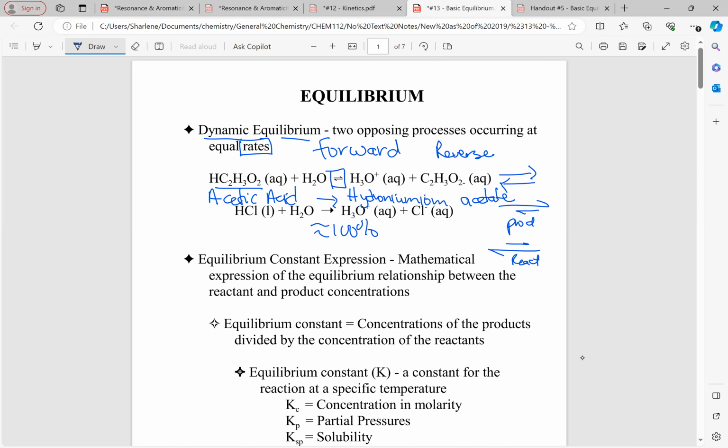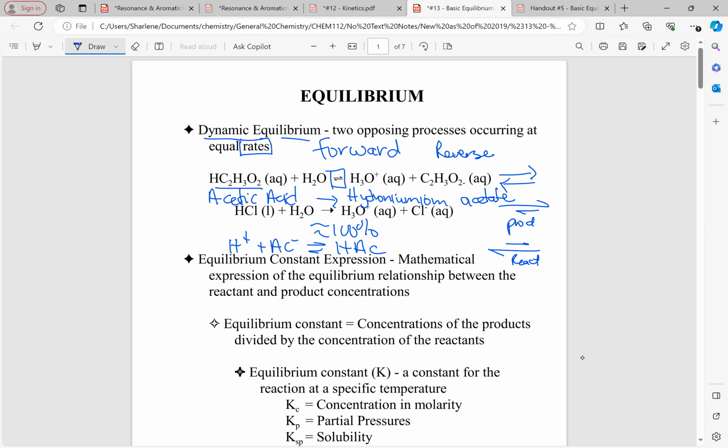As soon as the hydronium ion and the acetate start forming, they are just as likely to recombine into the acetic acid. And that's what is meant by the equilibrium. You don't have to rewrite the equation over and over, because the arrow is saying it can go in both the forward and the reverse direction. So that's what equilibrium is.